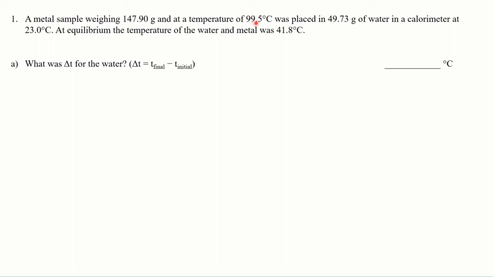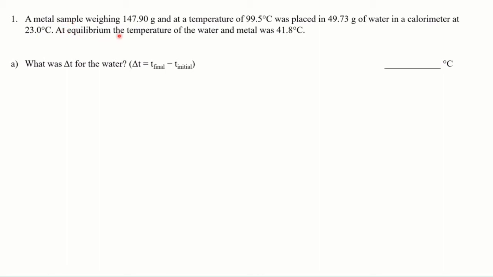That's how its temperature came to become 99.5 degrees Celsius, because that's very close to 100 degrees Celsius, the boiling temperature of water. It was placed in almost 50 grams of water, 49.73 grams of water to be exact, at room temperature at 23.0 degrees Celsius.